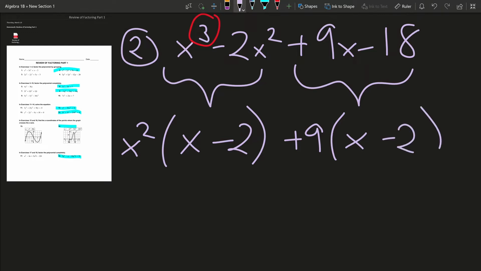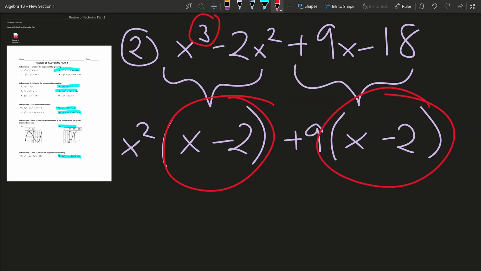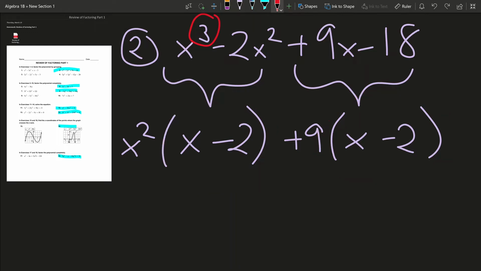Negative 2. And the way we can check our work is by making sure that whatever's inside each of the parentheses are equal to each other. Is x minus 2 equal to x minus 2? Yes, it is. Therefore, we did our work correctly so far. So now what we're going to do is take the first part and group them together.